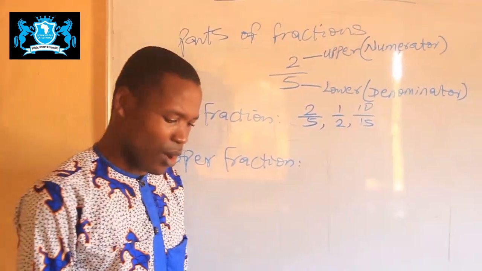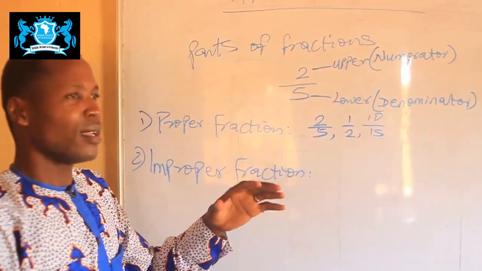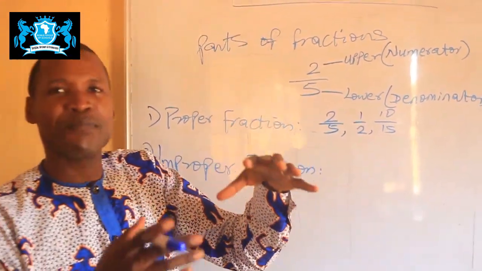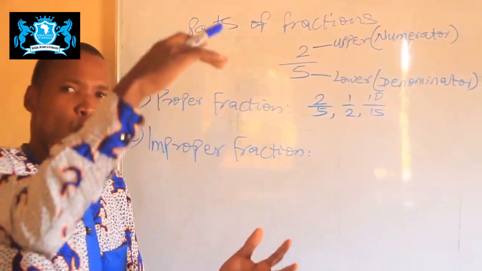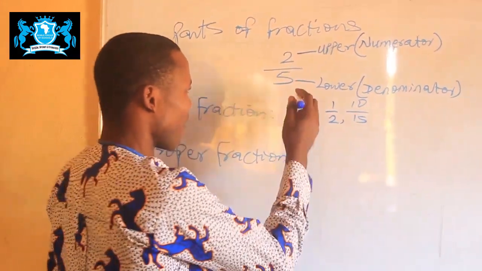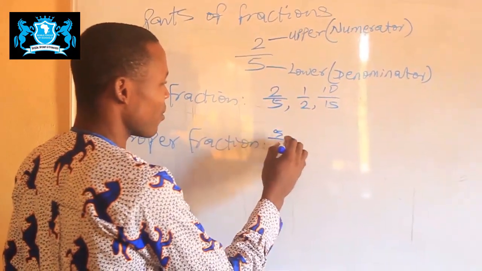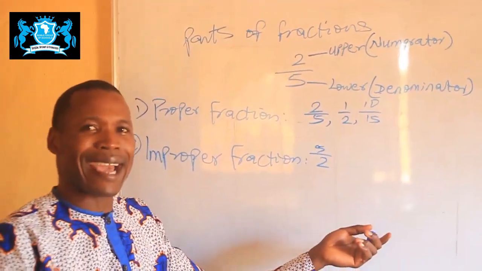You already know from here that in an improper fraction, the numerator is bigger than the denominator. That is to say, the one up is bigger than the one down. For instance, if you have something like 5/2, it's improper because the small one is the one carrying the big one.